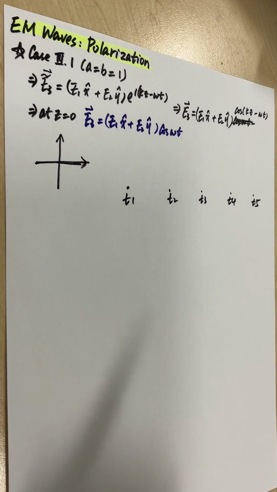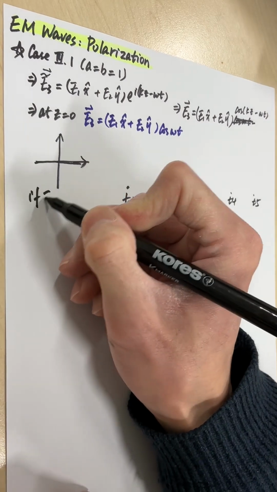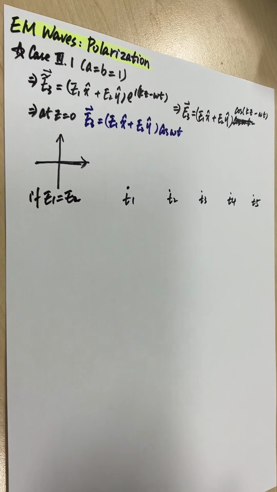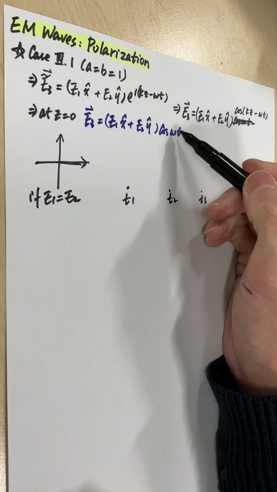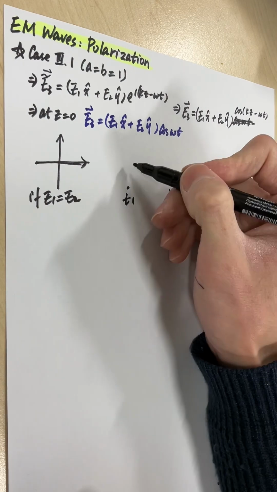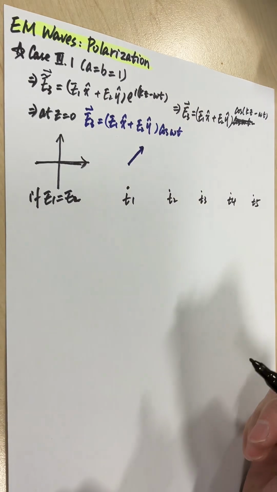So here, if E1 equals E2, then at time 0, we have equal magnitude on the x direction and the y direction. So this is a diagonal vector.